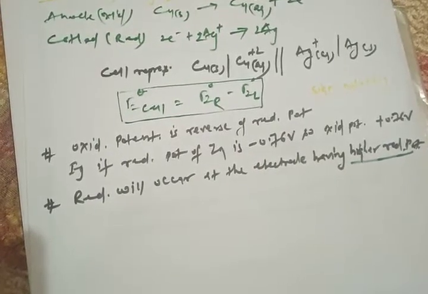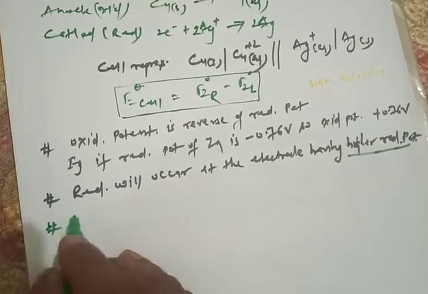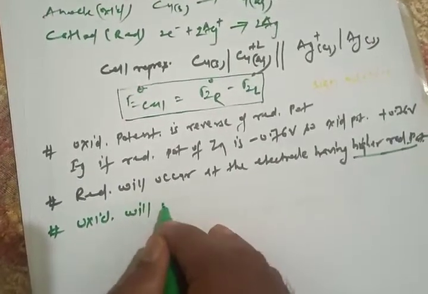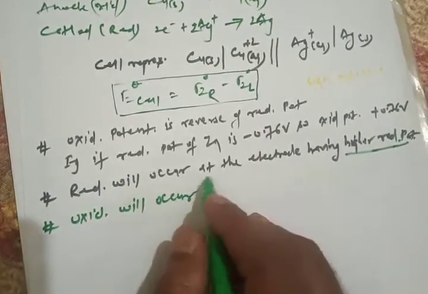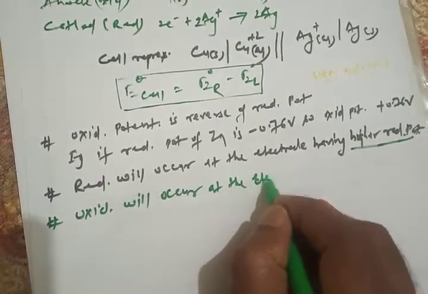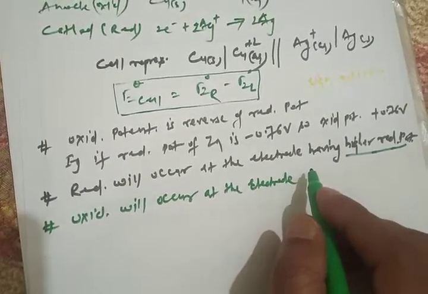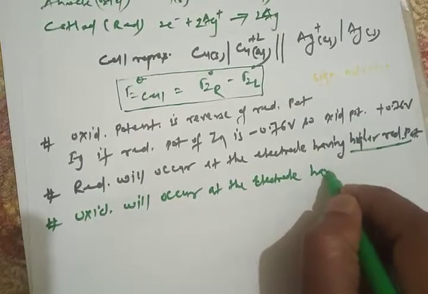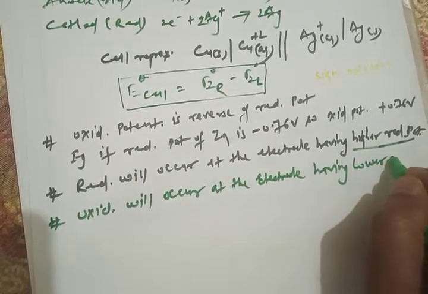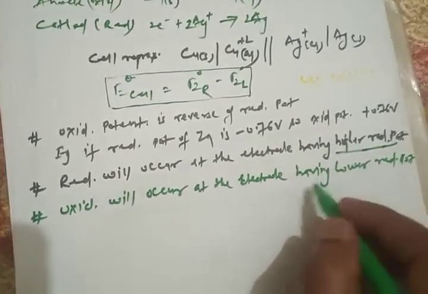And similarly, oxidation will occur at the electrode having lower reduction potential. This is very important.